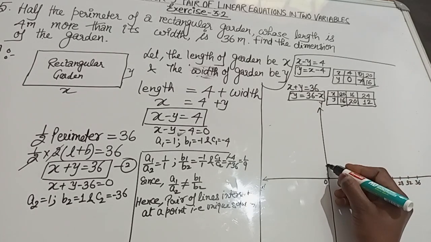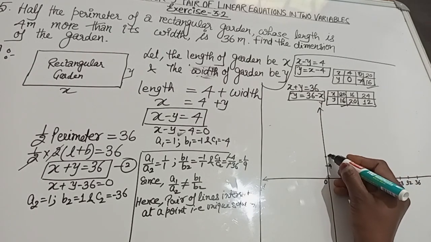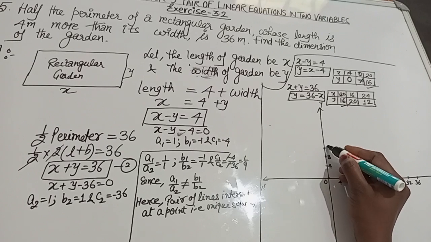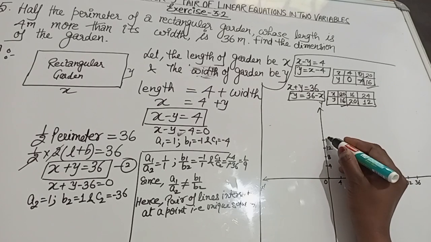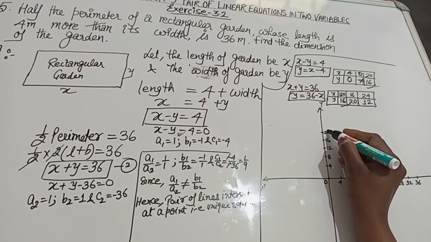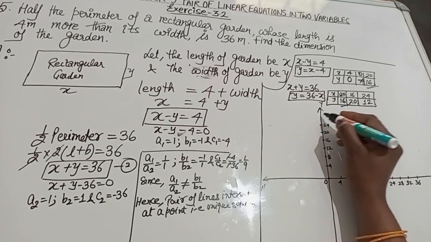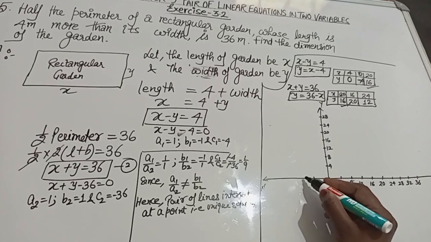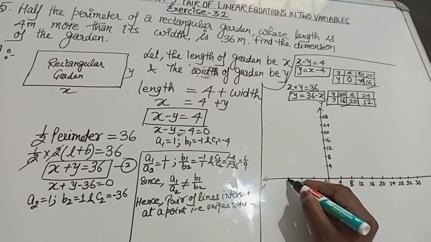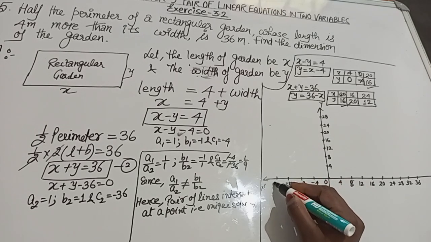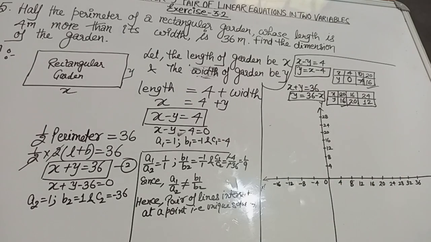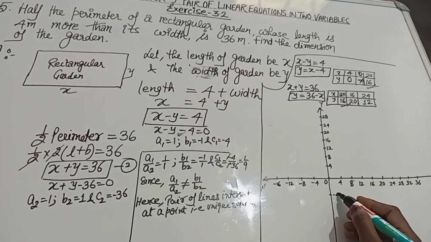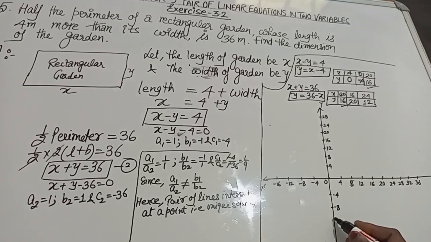Now here 4, 8, 12, 16, 20, 24, 28, and minus 4, minus 8, minus 12, minus 16, minus 20.